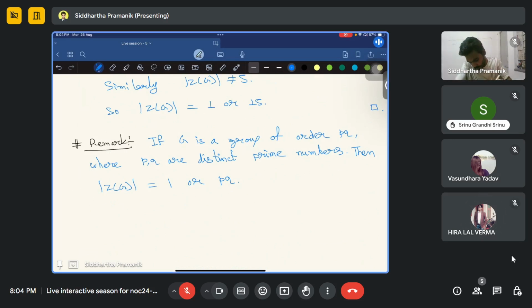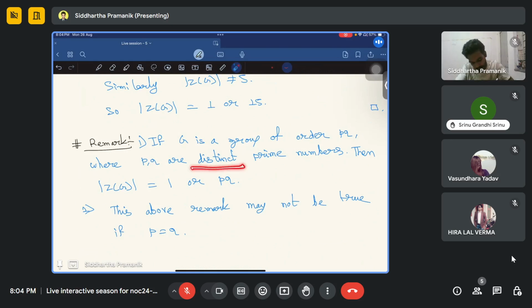One warning is that the above remark may not be true if P equals Q. Here we have taken distinct primes, so that is important.